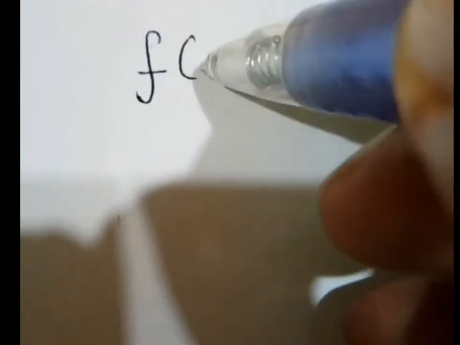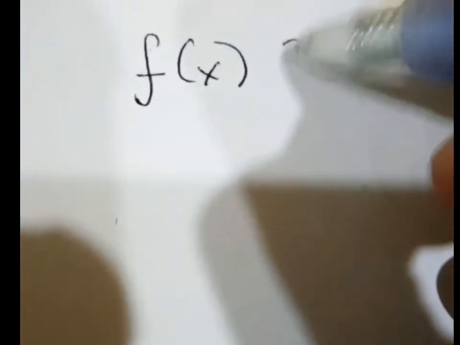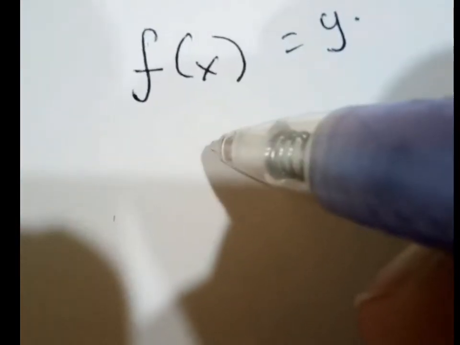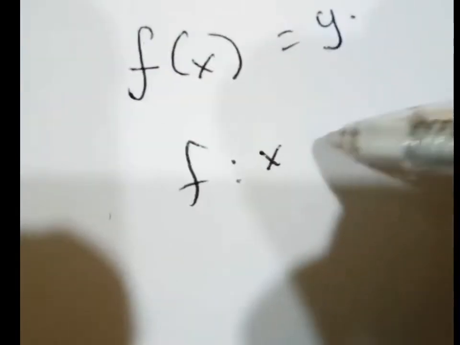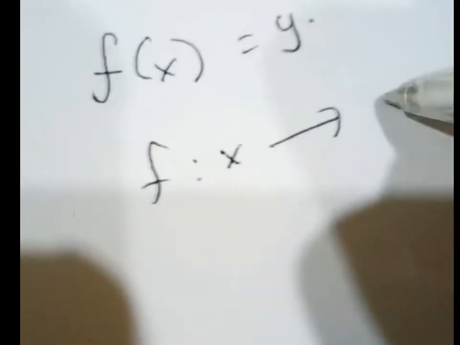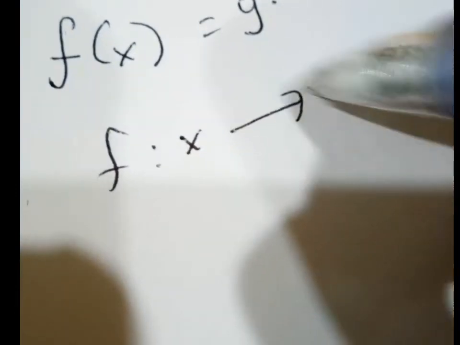Okay, 4.2.4 inverse function. An inverse function is an inverse operation of a function. Say we have function f of x, where variable x is assigned to input and x is assigned to output y.